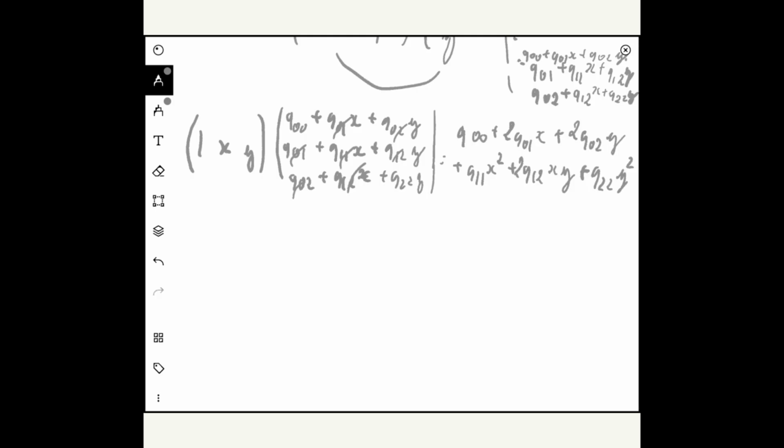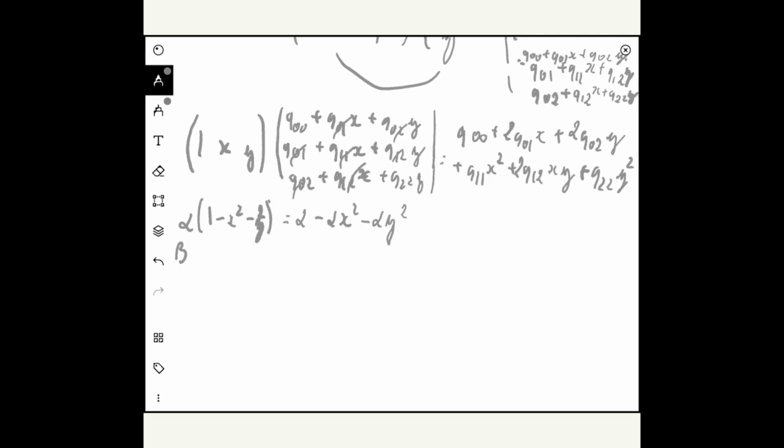So if we add our constraints, it was alpha multiplied by 1 minus x squared minus y squared, which is alpha minus alpha x squared minus alpha y squared, the square is there.